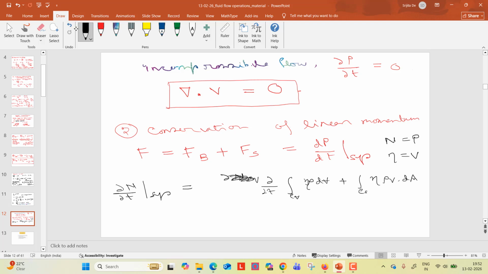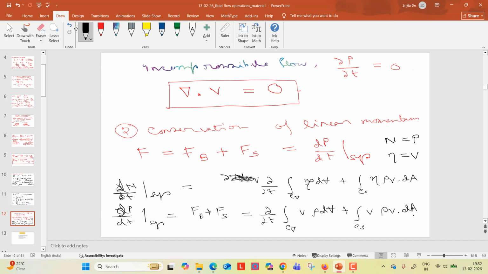Now if you replace this, dP/dt of the system equals body force plus surface force equals del/dt of control volume, with eta as velocity, velocity into rho dV, plus control surface velocity into rho V dA, right?